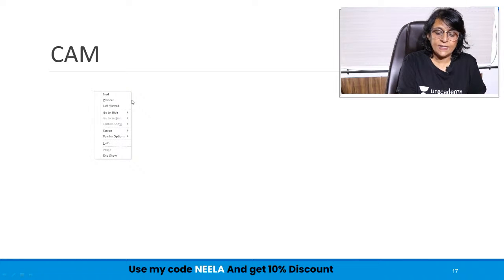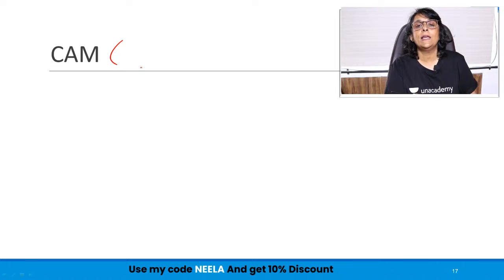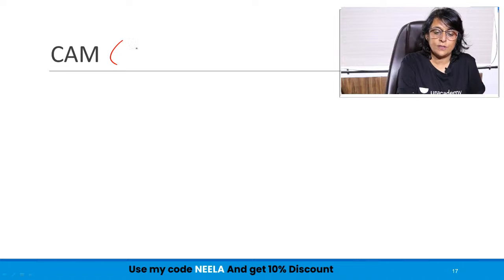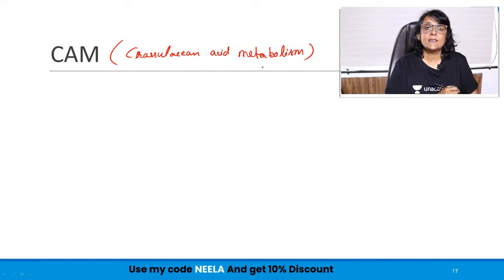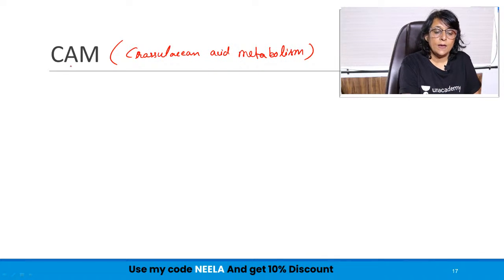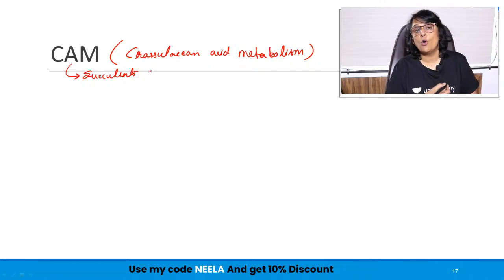CAM basically stands for Crassulacean acid metabolism. This is a slightly different pathway which is seen in succulents like Opuntia.